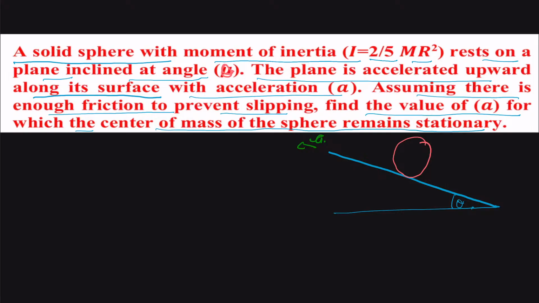We have to find the value of this a so that the solid sphere is stationary. In the downward direction we have mg, which is going to have two components: mg sine of theta and mg cos of theta. Friction will also be there, but we can find the direction of friction.